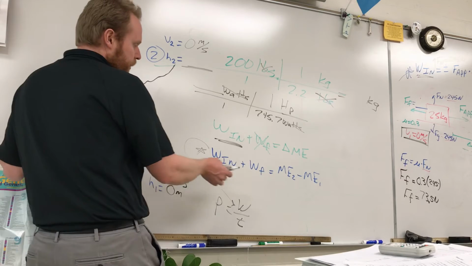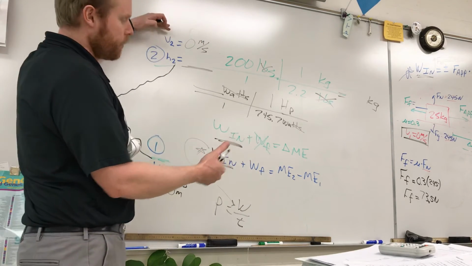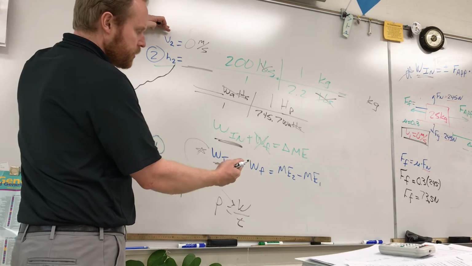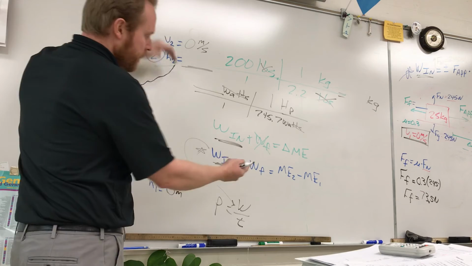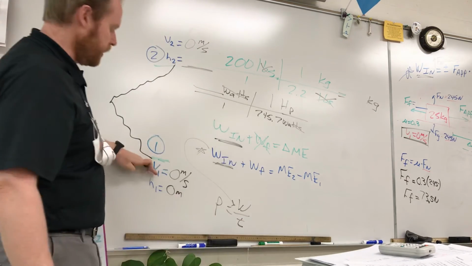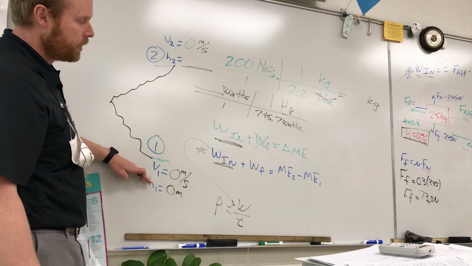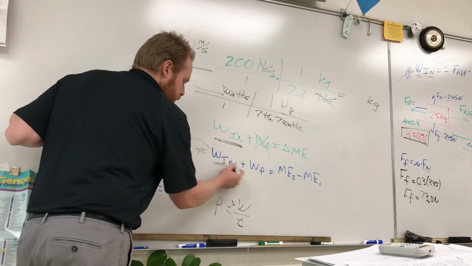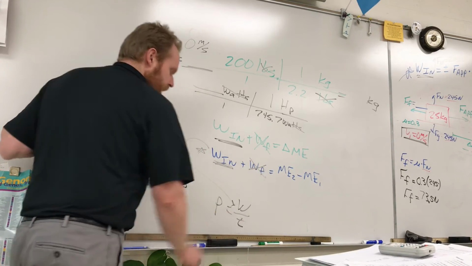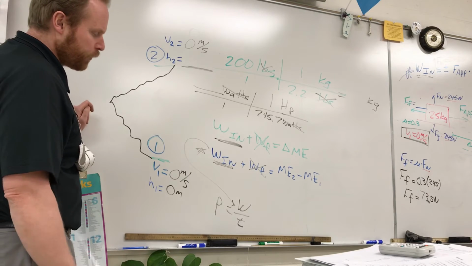So when we talk about this ME2 and ME1, we're talking about kinetic energy at the top, gravitational potential energy at the top, PEE, spring potential energy, at the top, minus ME1, KE1, PEG1, and PEE1. A lot of this is gonna cancel out, but then once you get that, you should be able to solve for this because we already said that's gonna be negligible. And then we can solve for power.